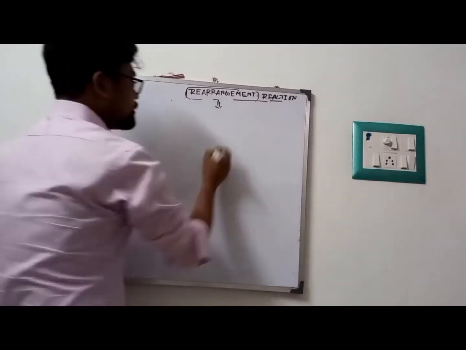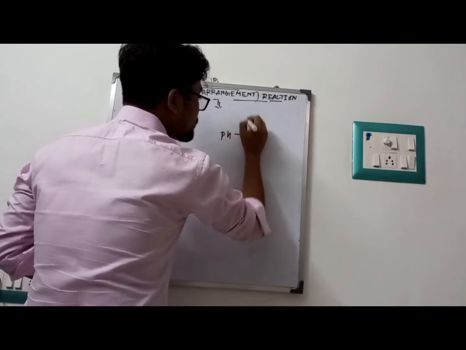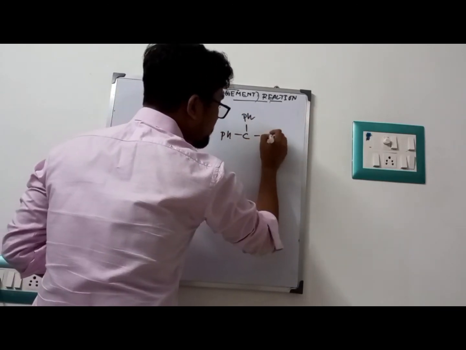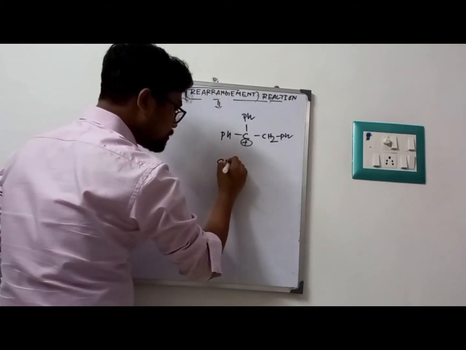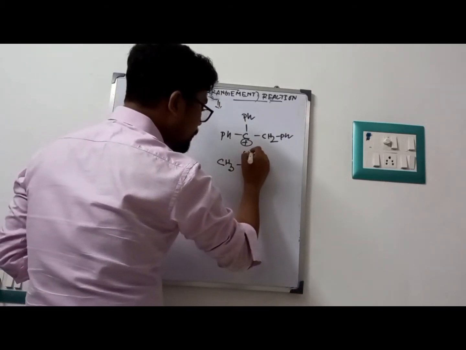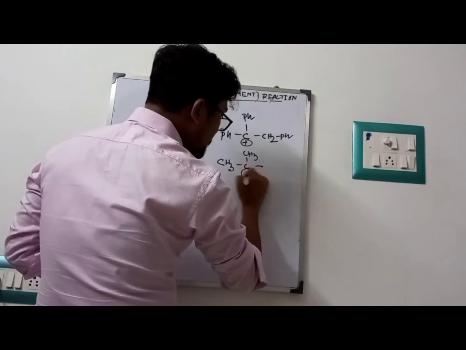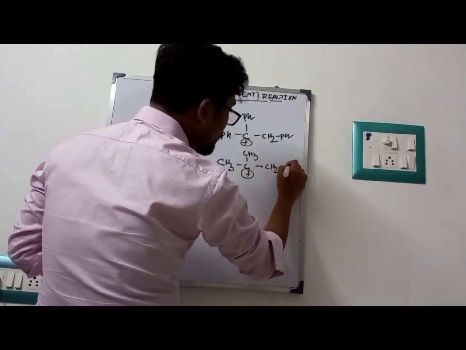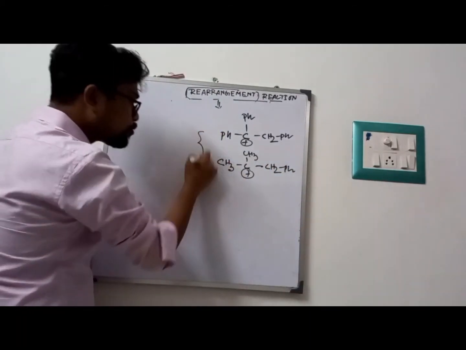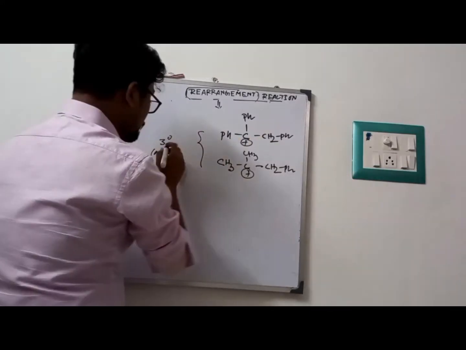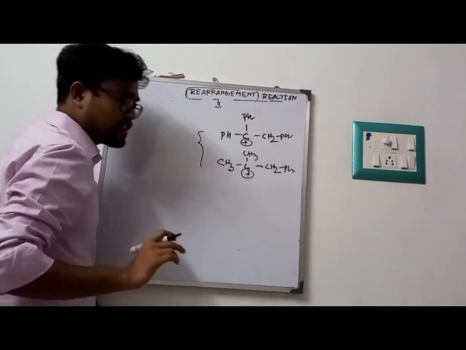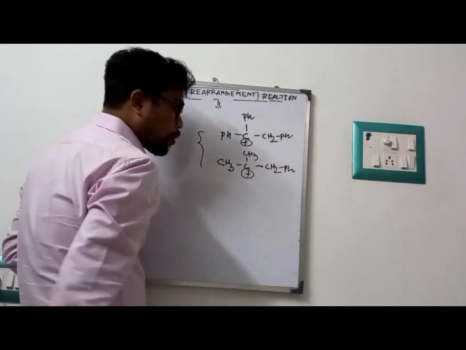Very sorry for one thing, that these carbocations, this and this and this, both are 3 degree carbocations. Very sorry about that, I just forgot about this carbon. Now I will explain exactly the wrong concept.